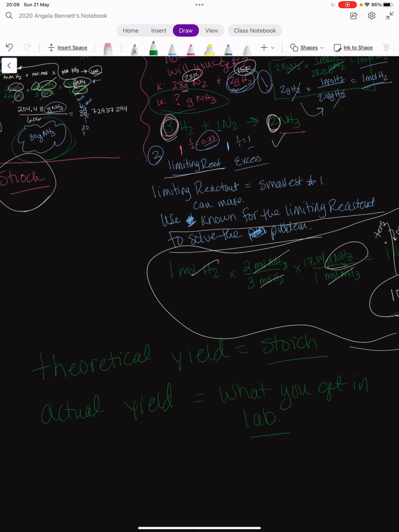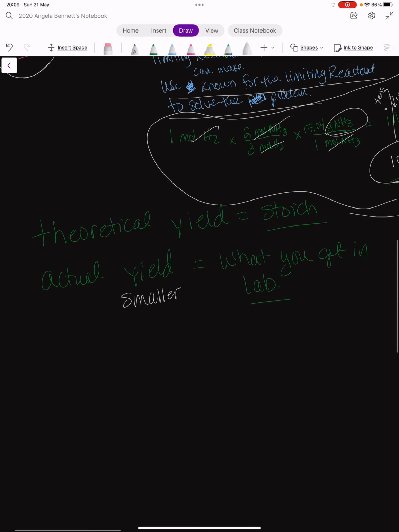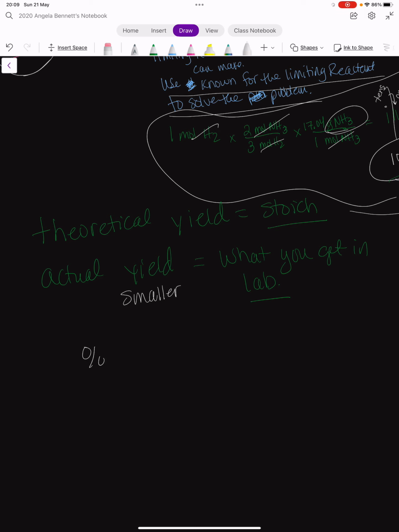It should never be more than your theoretical yield. So actual yield should be less, and this number is going to be smaller because you will lose some. If they ask you to calculate the percent yield, then all you're doing is taking your actual, which is your smaller number, divided by your theoretical, which is the stoichiometry calculation.